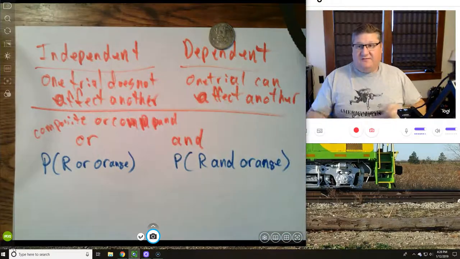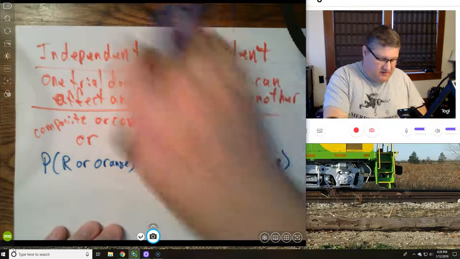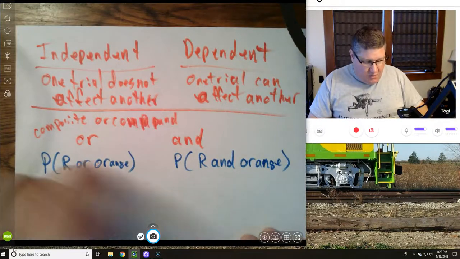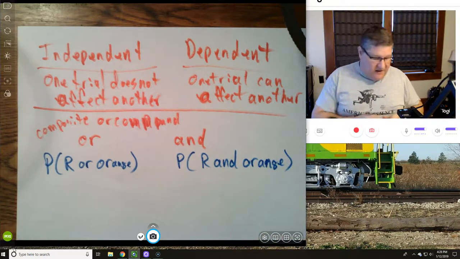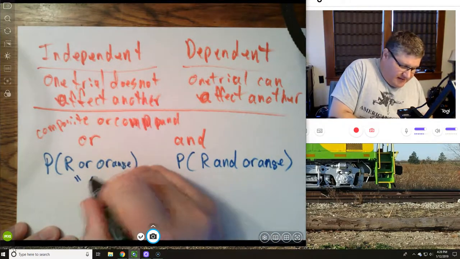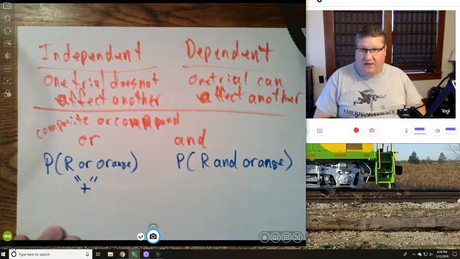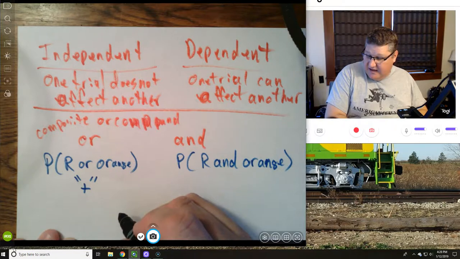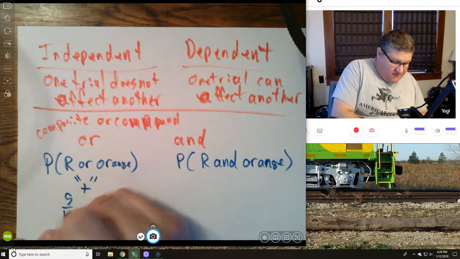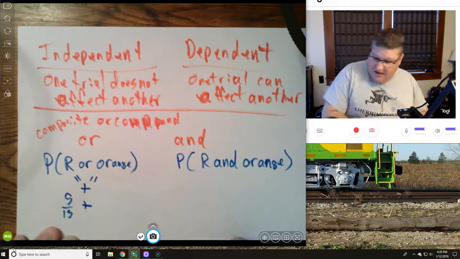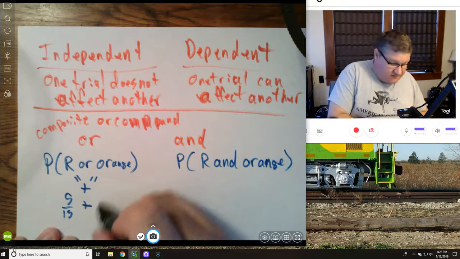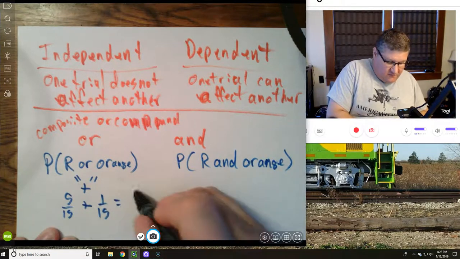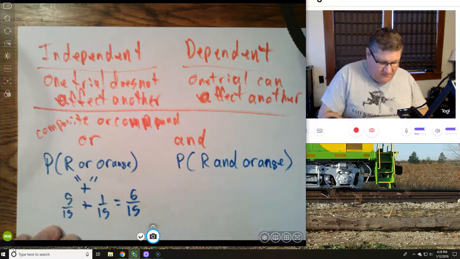So with replacement, without replacement, independent, dependent, all matter, and or and and make a difference. Now, for or, the big key is using a plus sign. For the probability of red, we had 5 out of 15, plus the orange, which was 1 out of 15, so our chances were a total of 6 out of 15.